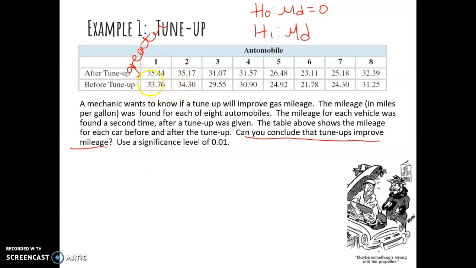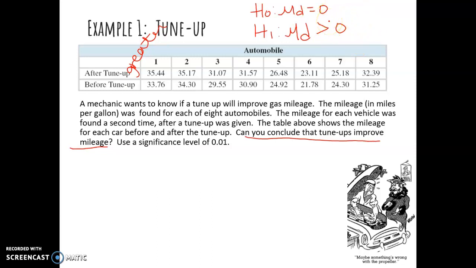If you subtract a bigger number minus a smaller number, you get a positive number. So in that case, mu d should be greater than 0. But if I subtract before minus after, we would be subtracting a smaller number minus a bigger number, and in that case we would get a negative number, which would be less than 0.